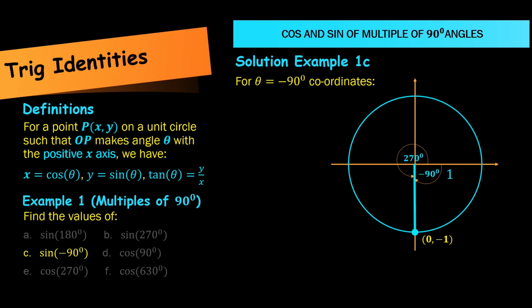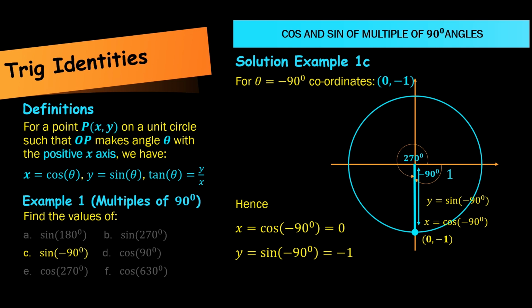So again, we're considering the point (0, -1). And so x equals cos minus 90 degrees, which equals 0, and y equals sine minus 90 degrees, which equals minus 1.